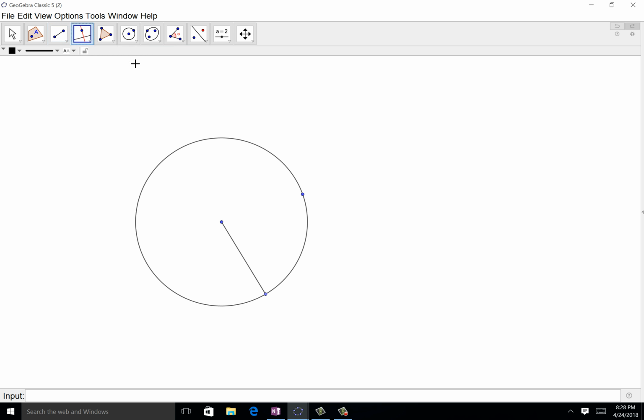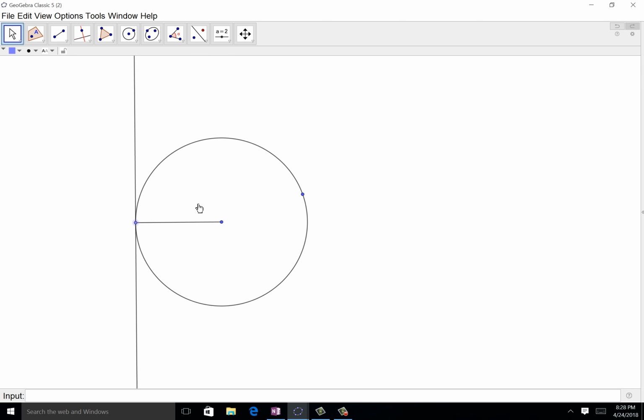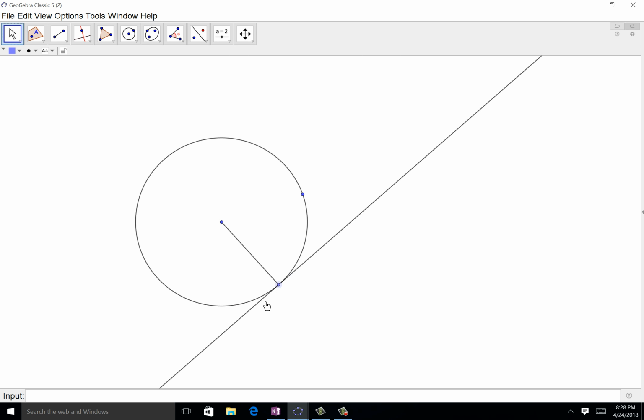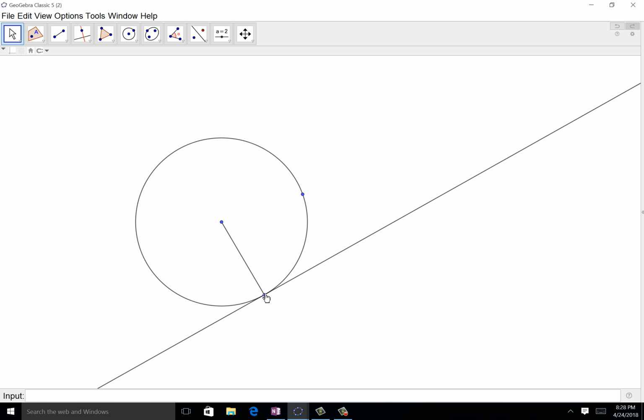So we're going to do a perpendicular line through this point perpendicular to this segment. Now when I do that, I now get this situation. And I cannot move this line any other place but right there. Right. So this line is called a tangent line. So tangent means that it is perpendicular to the radius and only touches the circle on one point. Alright, so that's a tangent line.